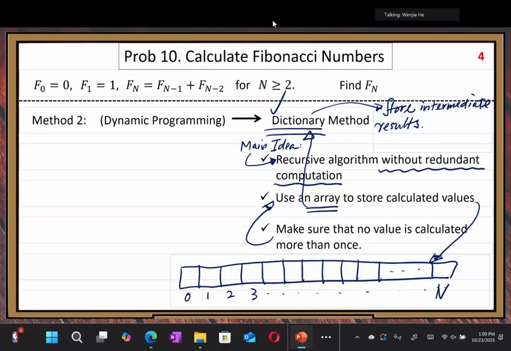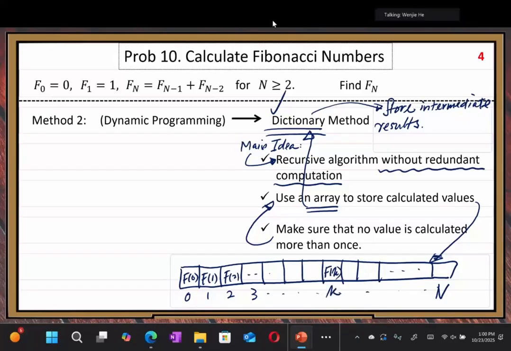Now, we store f of 0 at index 0, f of 1 at index 1, f of 2 at index 2, in that way. The general location f of k corresponds to index k.